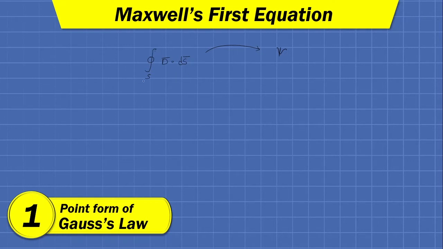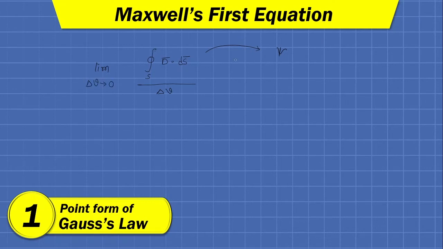But the divergence is defined as the outward flux per unit volume, so unit volume delta V, and as the volume shrinks to 0, we are giving the limit delta V tends to 0.